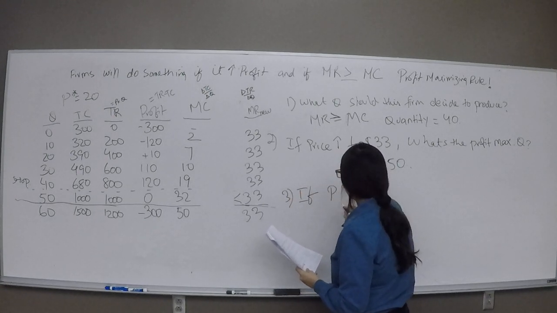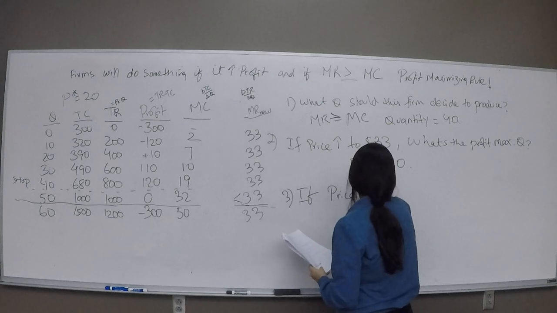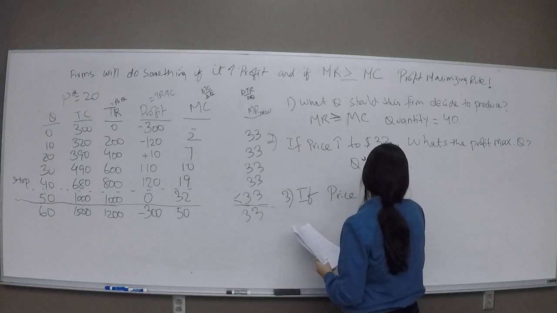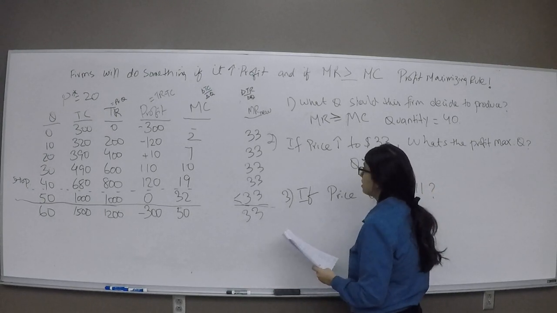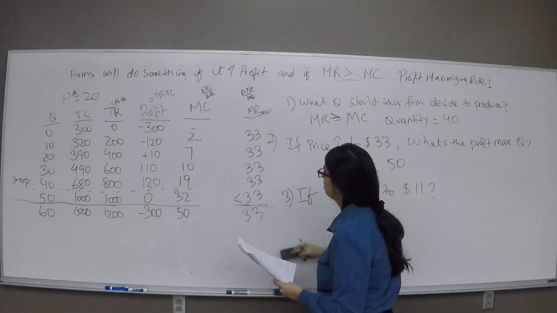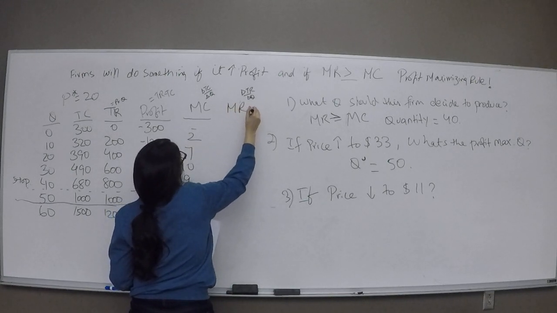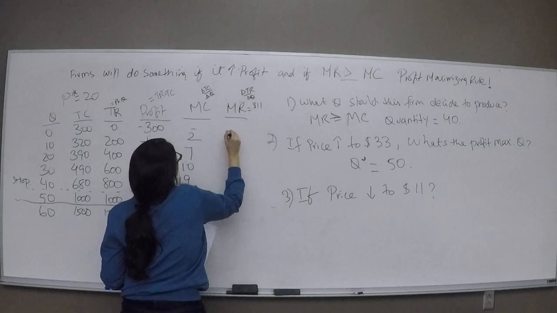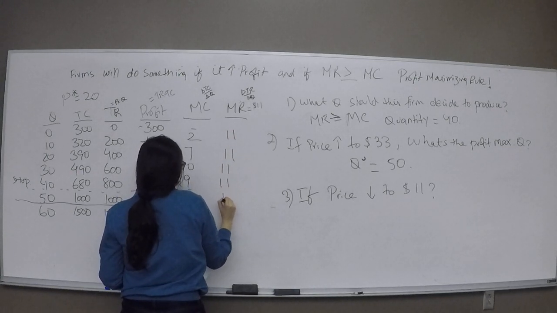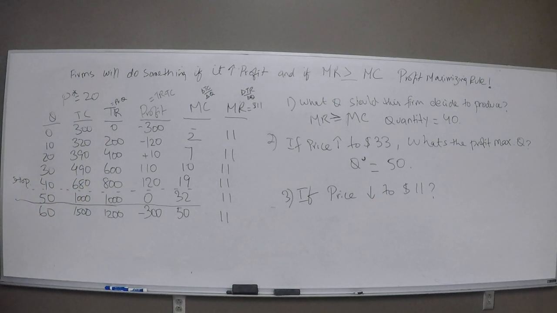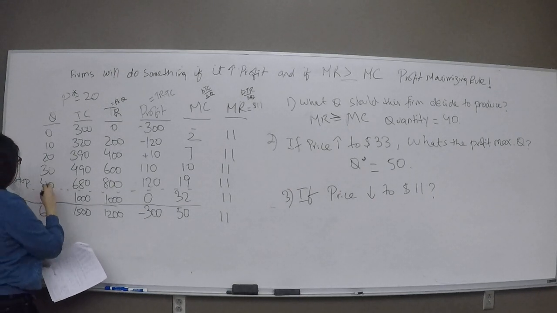If price decreased to $11, and everything else is the same, how much do you produce? Simply change marginal revenue to $11. What's the new quantity produced? Quantity 30, right?